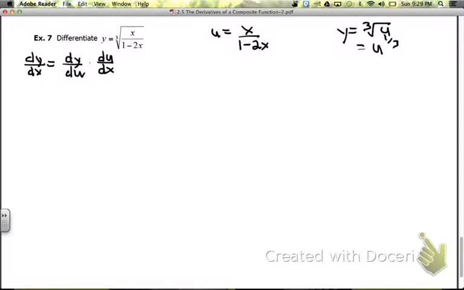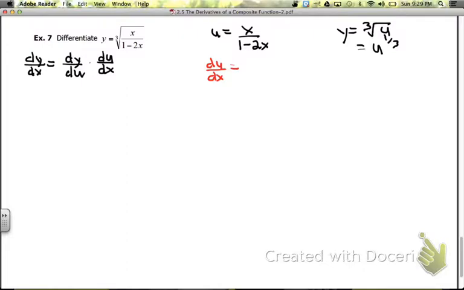So there's a couple different ways that we can take the derivative of u. You can use your product rule and move that 1 minus 2x up into the numerator position and just apply the negative 1, or you can use the quotient rule. I'm going to go ahead and use the quotient rule.